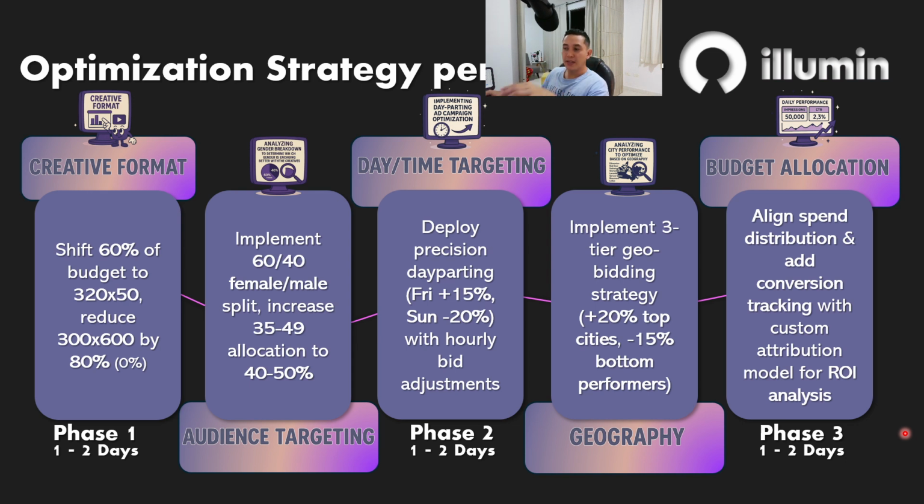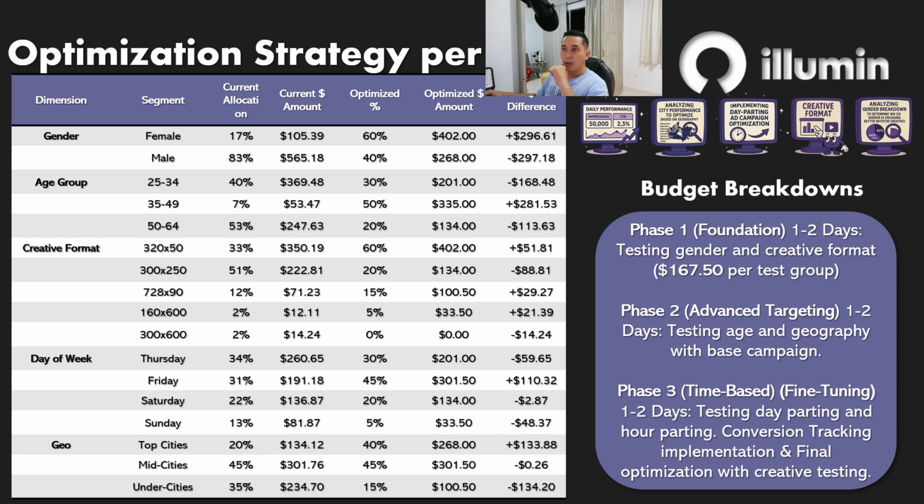So let's look at the specific budget implications of these recommendations that I just showed you, in order to better explain to you how I envision testing each of these shiftings or reallocations of the budget. As you can see here, we have the optimization strategy per segment. We have the different dimensions, right? The different segments within each dimension and the current allocation of the budget, the current amount that's being spent, right?